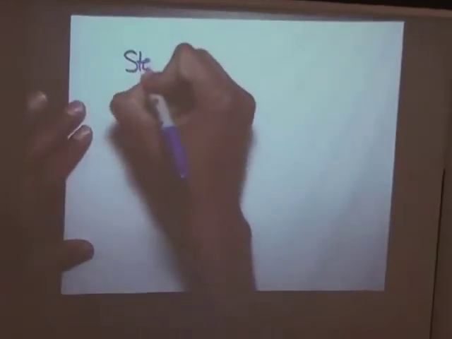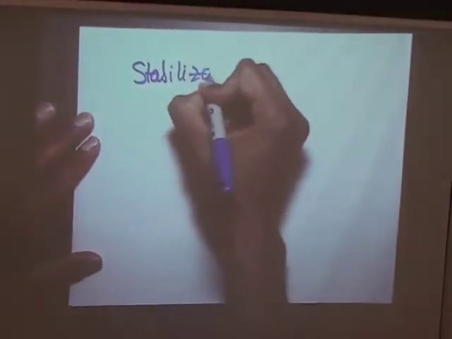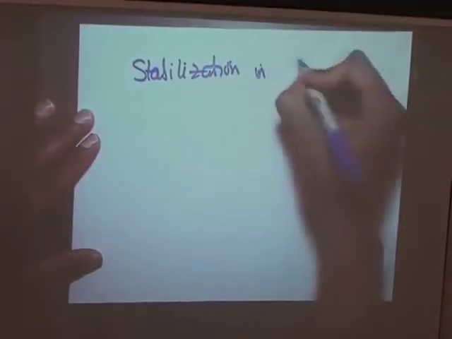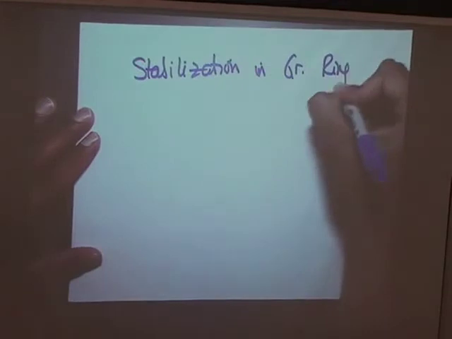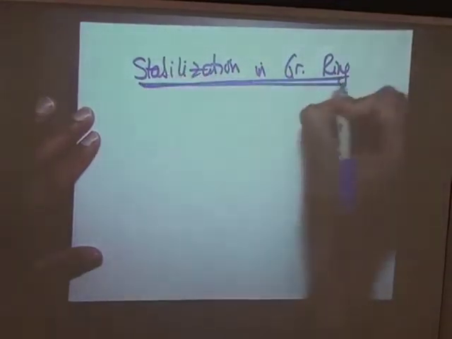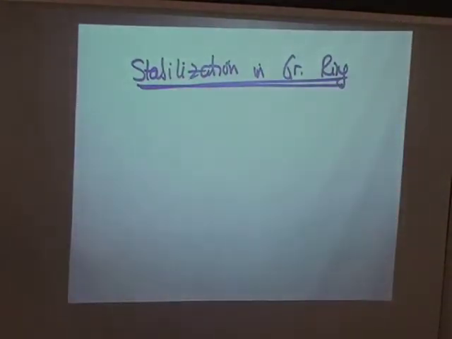Okay, so now let me return to these questions of stabilization in the Grothendieck ring. The kind of question I want to mention is that you should somehow expect that when you have a family of problems, the answer to each problem might be hard, but in the limit, they become nice.